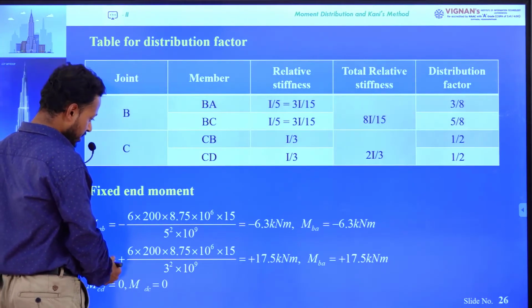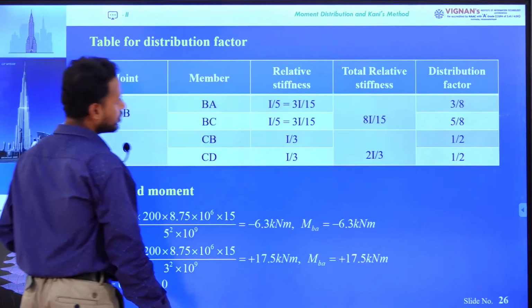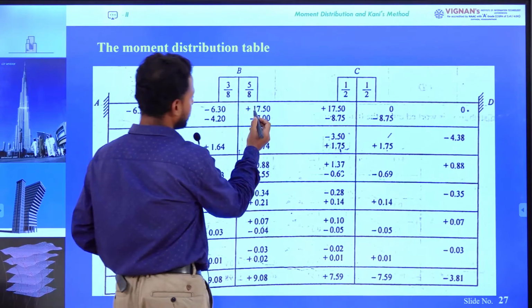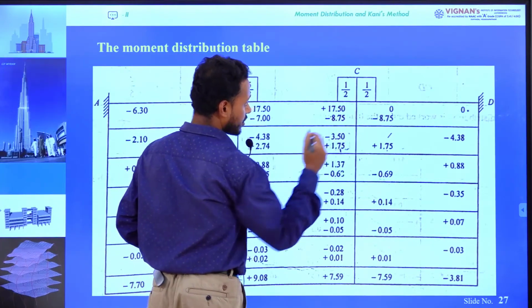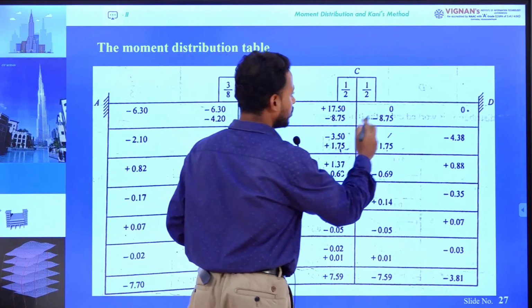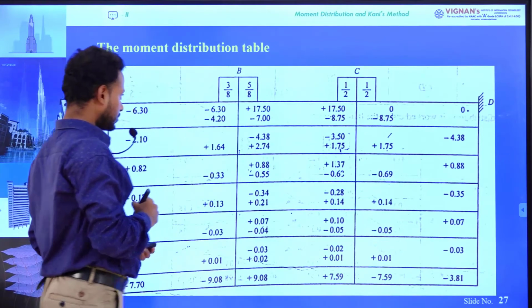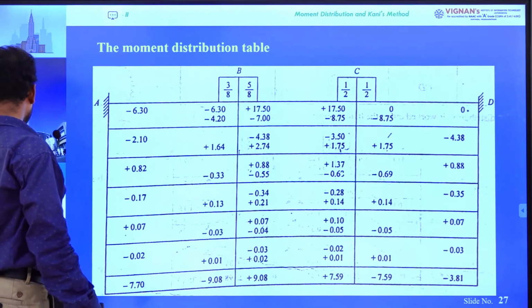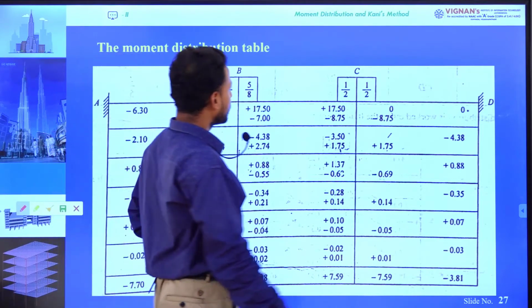Next, MBC plus 17.5, MCB plus 17.5. So here I will write plus 17.5, plus 17.5. And CD we have calculated 0, DC we have calculated 0, so I put 0, 0. Now I will show you how we calculate the carryover and balance.